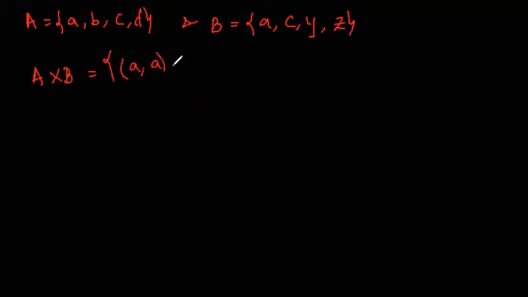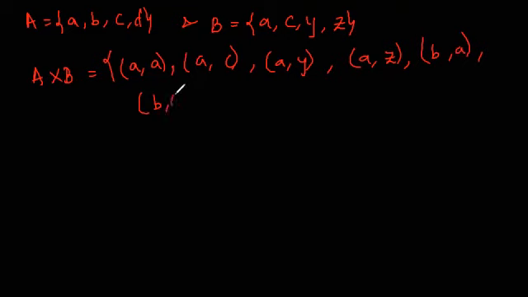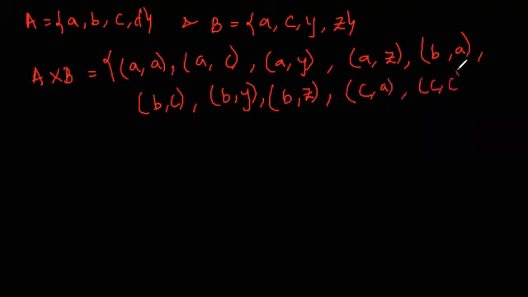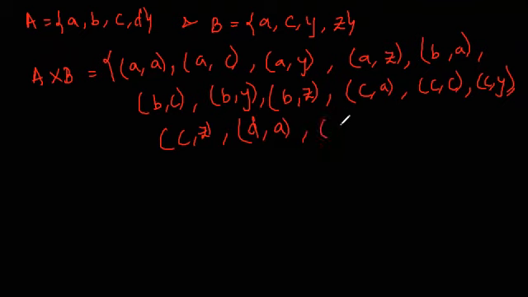A comma A, A comma C, A comma Y, and then A comma Z. After that, similarly for B: BA, BC, BY, BZ, and then CA, CC, CY, CZ. After that, DA, DC, DY, DZ. Okay, so this is A cross B.